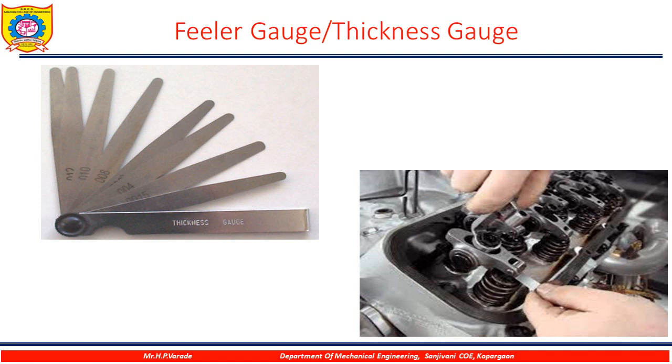While using the filler blade, it should neither be forced between the parallel surfaces nor should it slide freely. So depending upon the sensing signal received by the operator, the filler gauge can be used for measuring the gap between two flat parallel surfaces.